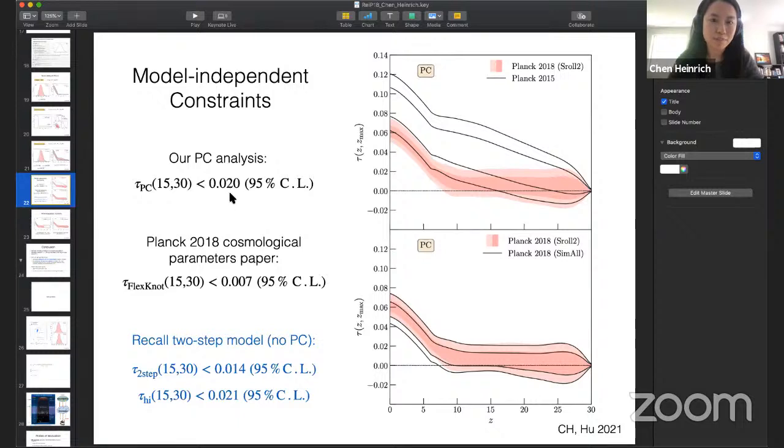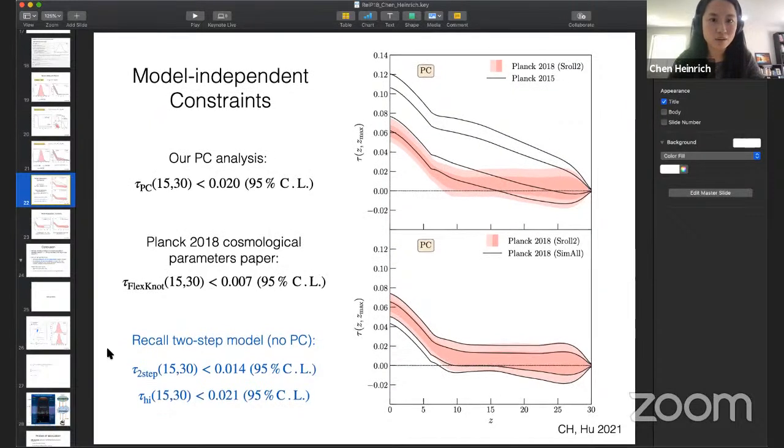So we actually have an upper bound that is about 3 times greater. Just to make sure everything's all right, we looked at the specific 2-step model, without using the PC, just the exact likelihood, and get 0.014, something that is much closer to our PC analysis.